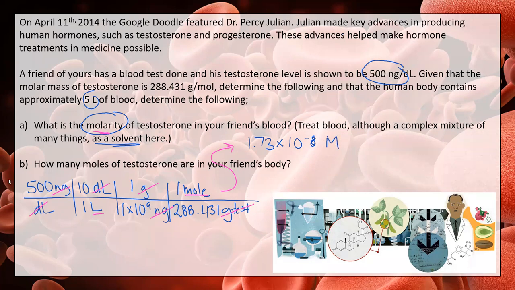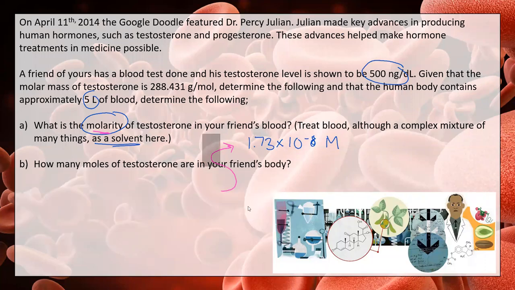And then we can clear up a little bit of space to figure out how many moles of testosterone that is in general. So I told you that there were 5 liters of blood in the body, and we're looking for total testosterone in your friend's body, assuming that all that testosterone is in his blood and not in any other places.